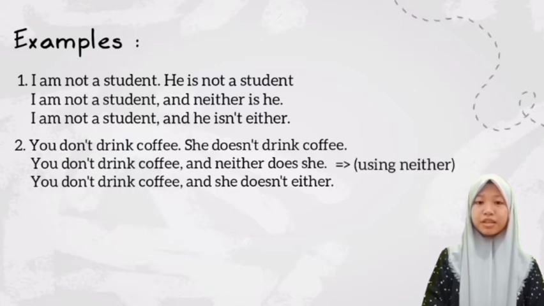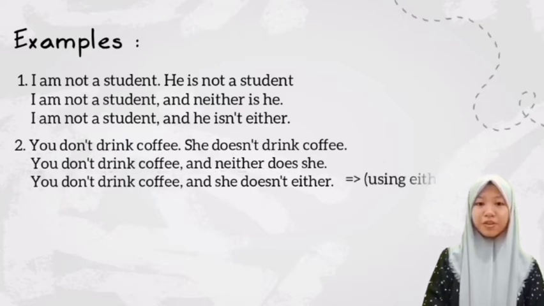By using neither: you don't drink coffee, and remember the formula, neither plus the auxiliary verb of the second sentence, in the sentence does, plus the subject of the second sentence, in this sentence she. You don't drink coffee and neither does she.